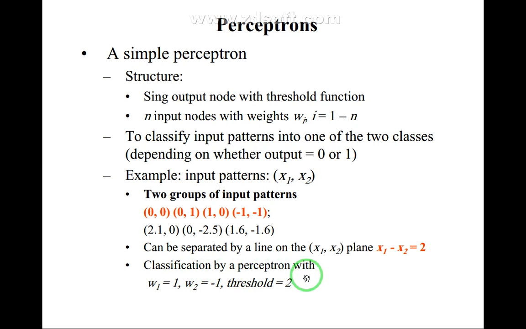Classification by a perceptron with W1 equals 1. If you set W1 equals 1 and W2 equals minus 1 and threshold equals 2.